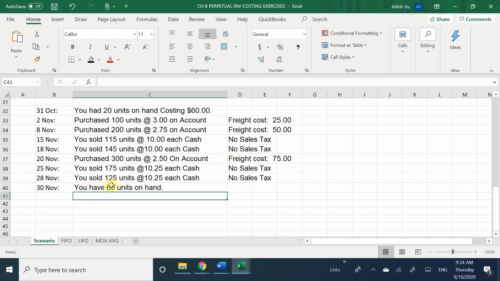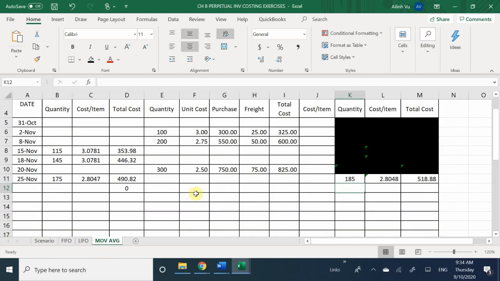So we sold 125. And now, because our cost per item has slightly changed, that means we're also going to make that slight change here too. Right?